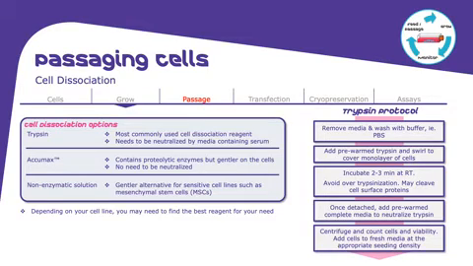If needed, you can put it in the incubator if you see that it's a little bit difficult for the cells to detach. And then once they detach, add pre-warmed media to neutralize trypsin. You can centrifuge the cells, count them, check their viability, add fresh media at the appropriate density, and put them in a fresh flask.